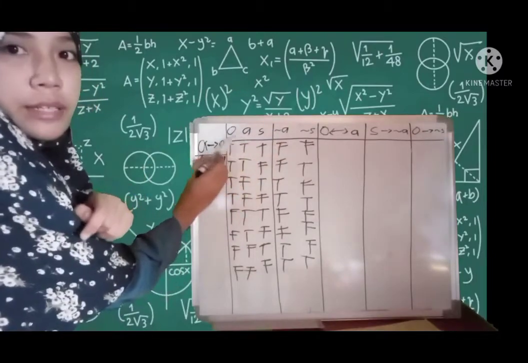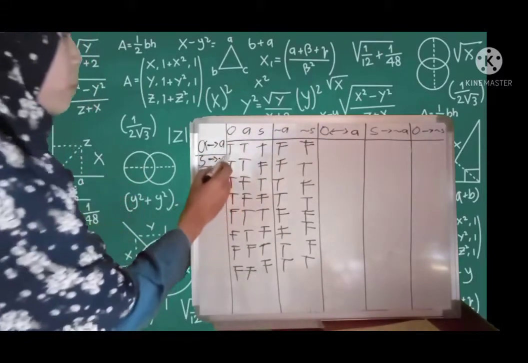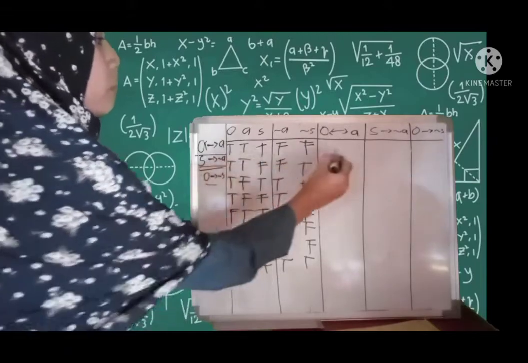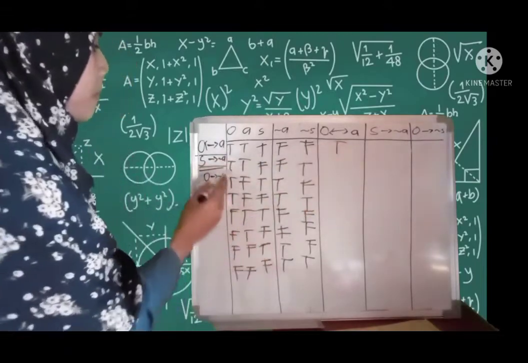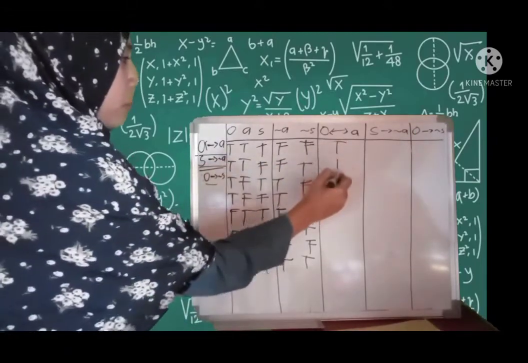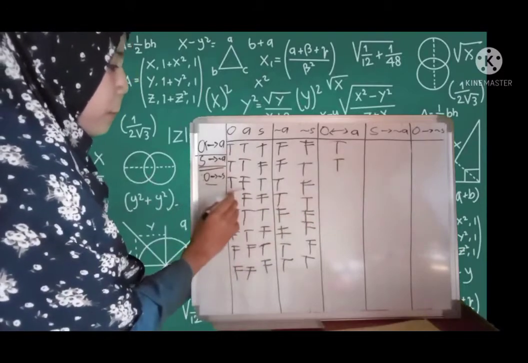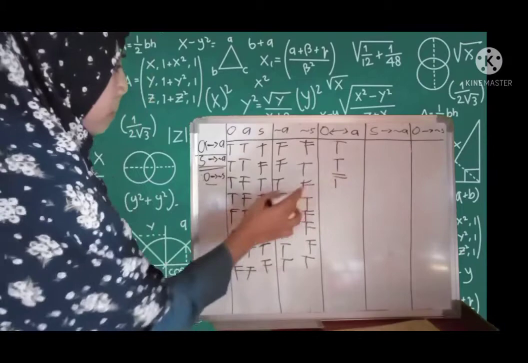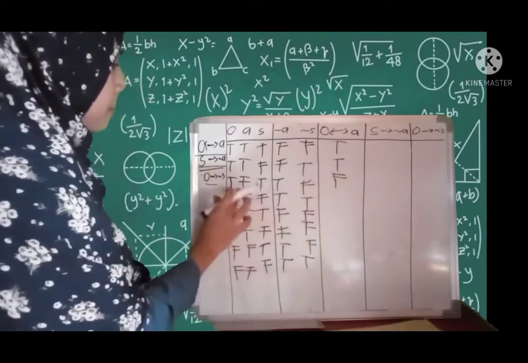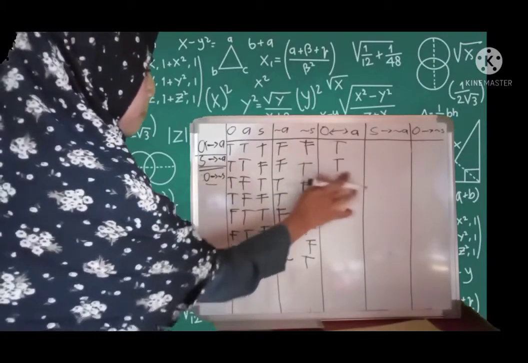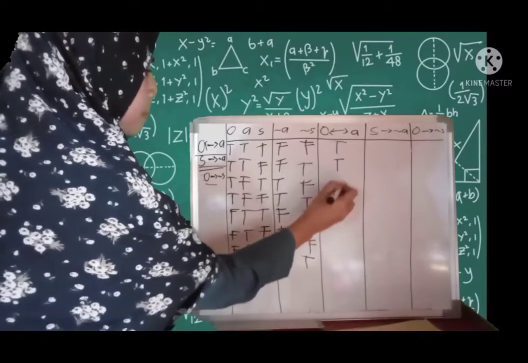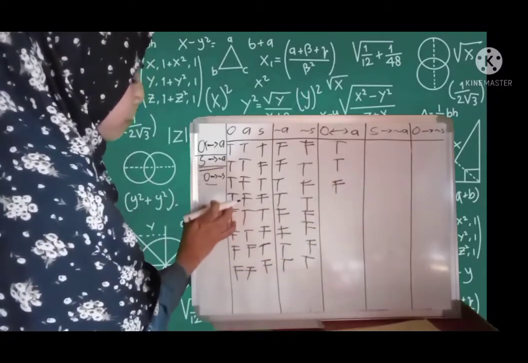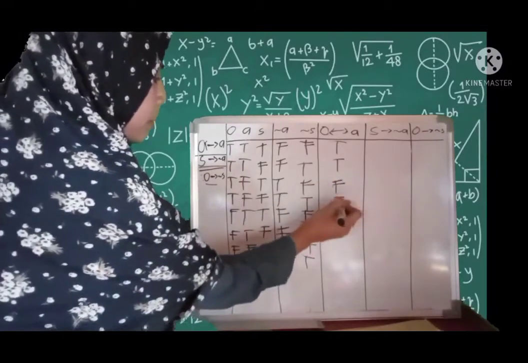O and A. So, kung true plus true, true ang ilalagay. True and true, true din. True and false, false. False ang ilagay. So, pag true and false, false din.